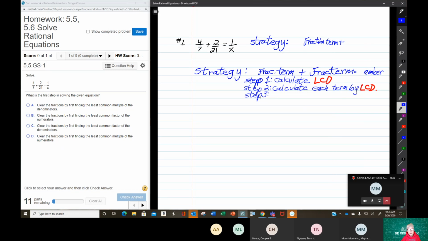Cancel out all your denominators. And step 4, solve the equation.